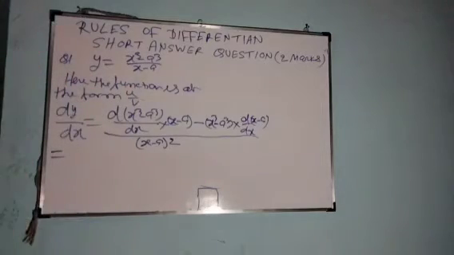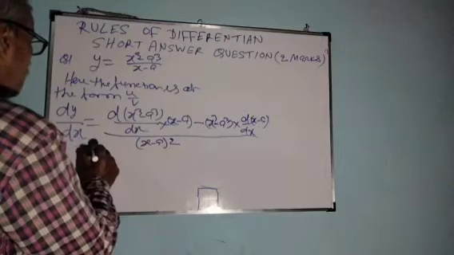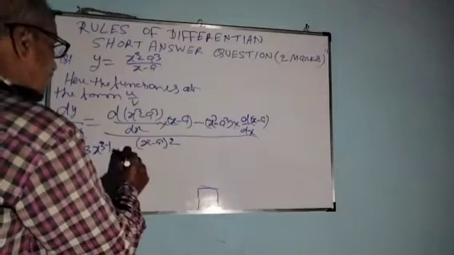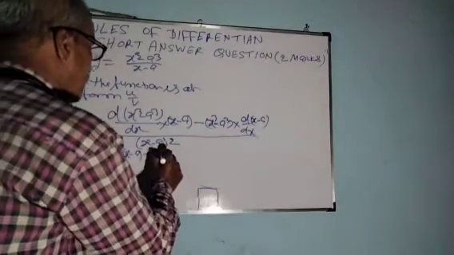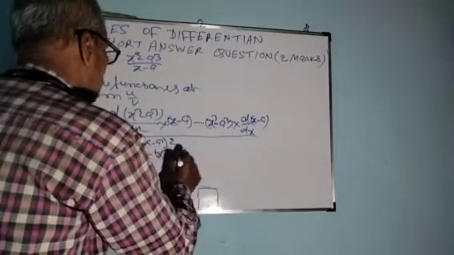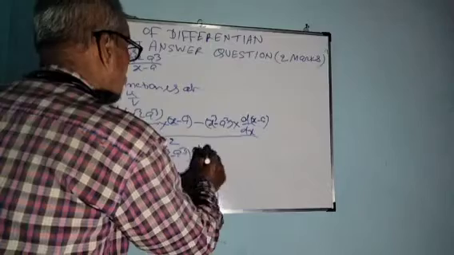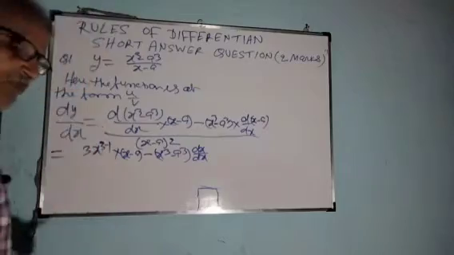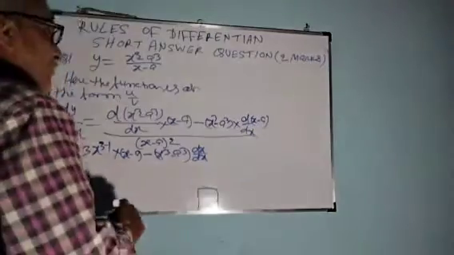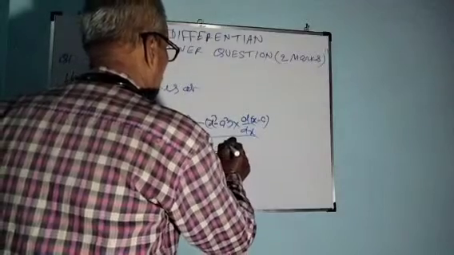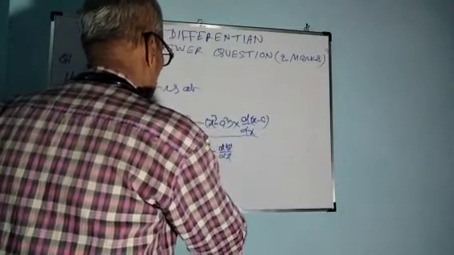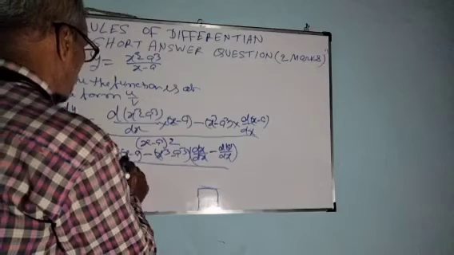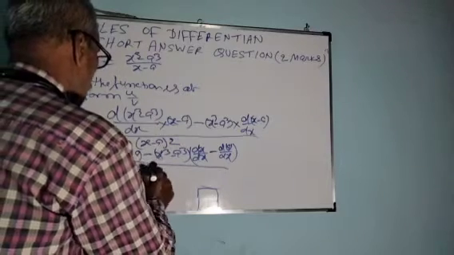So we write 3x square minus 1, into (x minus a), minus (x cube minus a cube) into 1, by (x minus a) whole square.